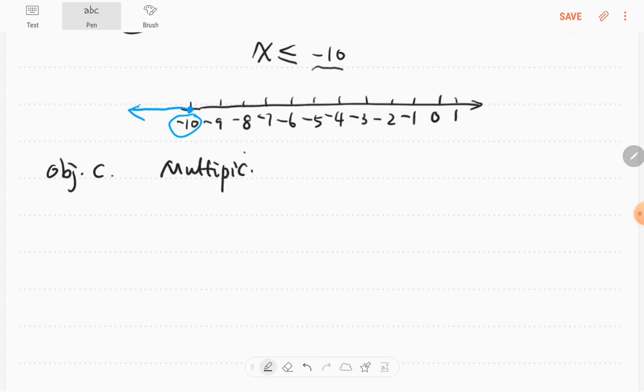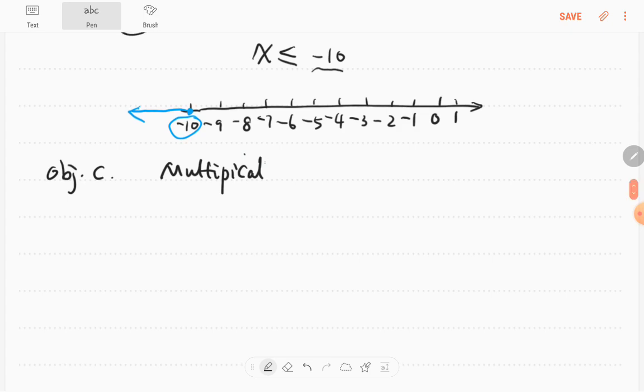Multiplication. Okay. So basically we have this rule. Not just the same as the addition rule. The multiplication rule is different.